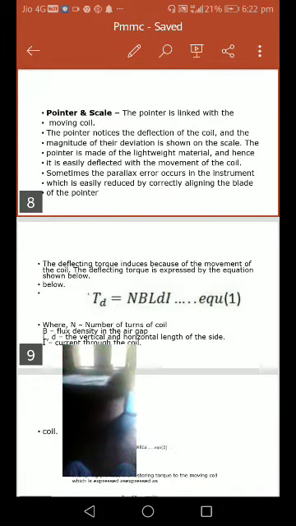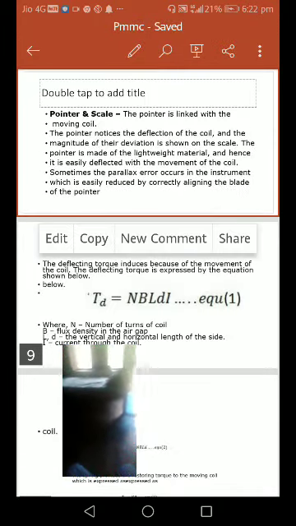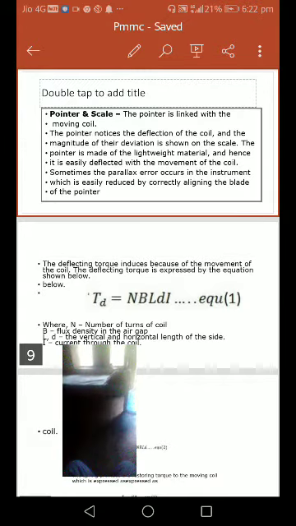Next, the pointer and scale. The pointer is linked with the moving coil.